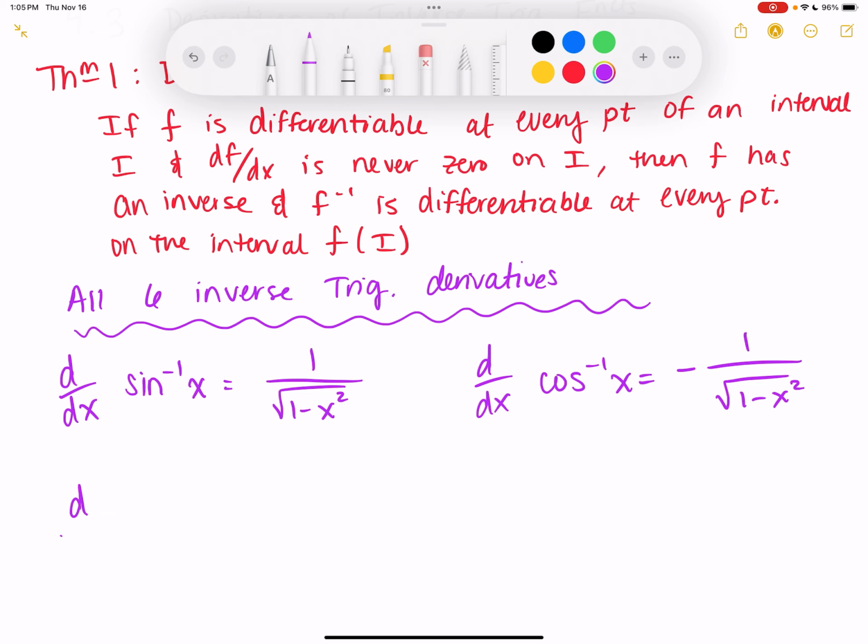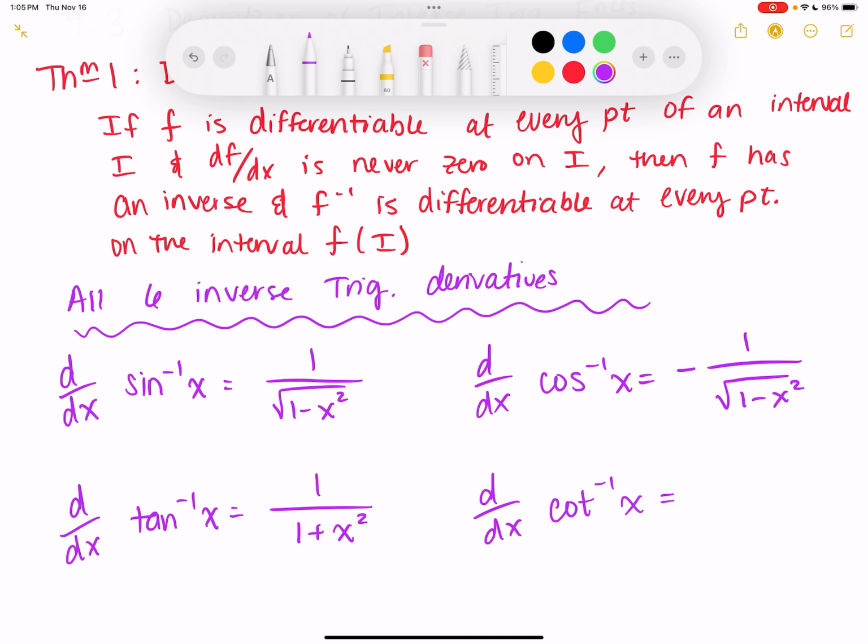Then d dx of the inverse tangent of x is equal to 1 over 1 plus x squared. So then d dx of cotangent, or inverse cotangent, which normally we haven't really dealt with inverse secant, cosecant, or cotangent, just because there hasn't really been a need to this point.